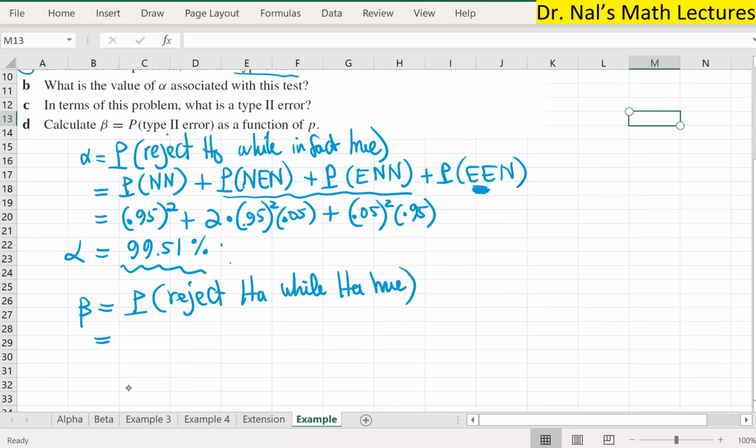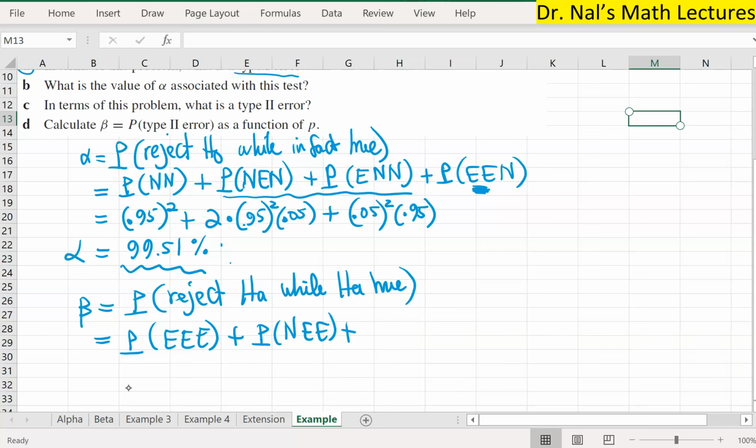So that would be one of these 3 cases. Either all 3 of the sheets are in error. Or the first 2 are in error, and then the third one is not in error. The first one is not error, the second one is an error, and the third one is not an error, I think. Yes.